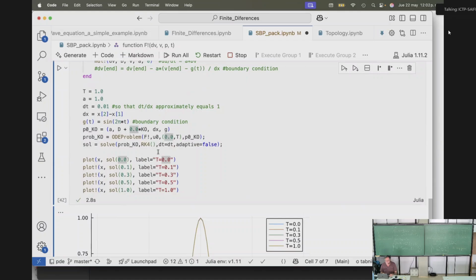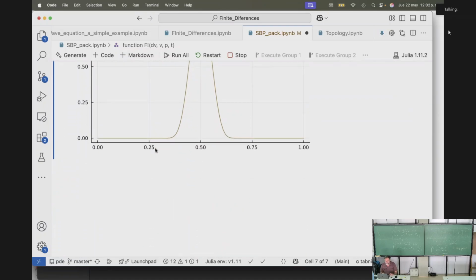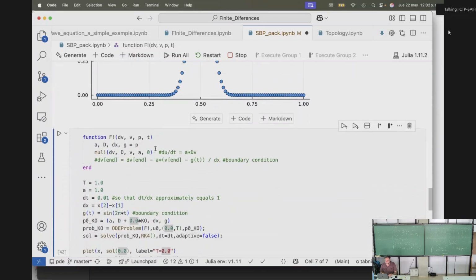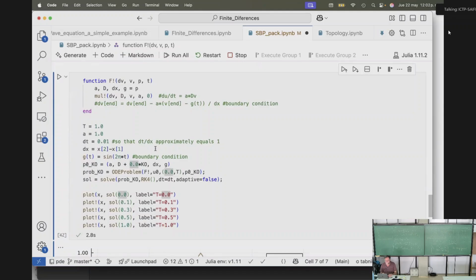This is the d. I don't know what is wrong now. The initial data is okay. Let me uncomment this, but I don't think this is a problem.